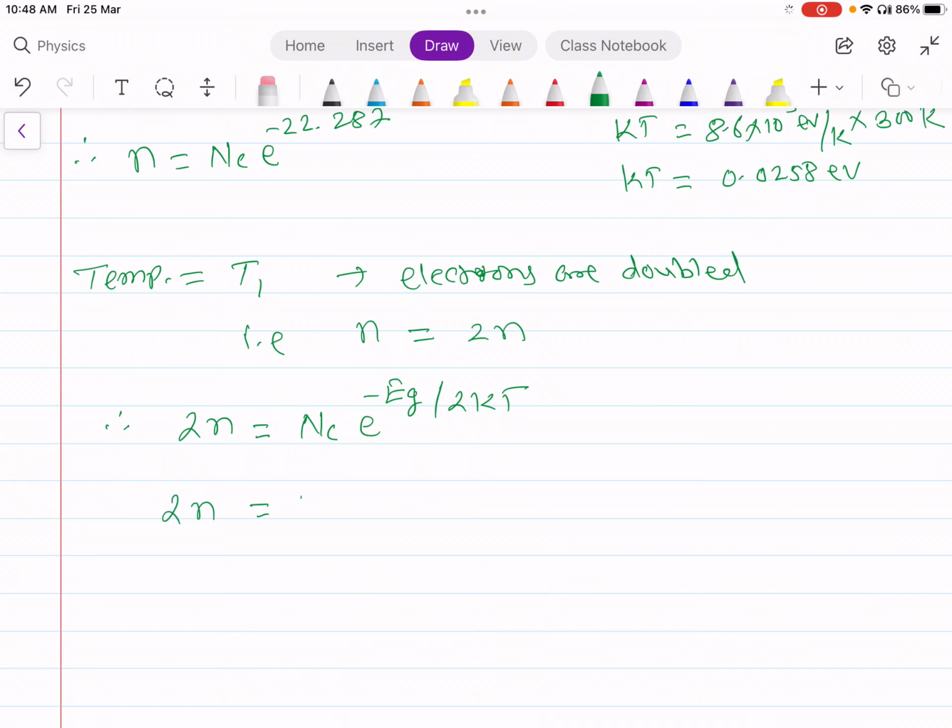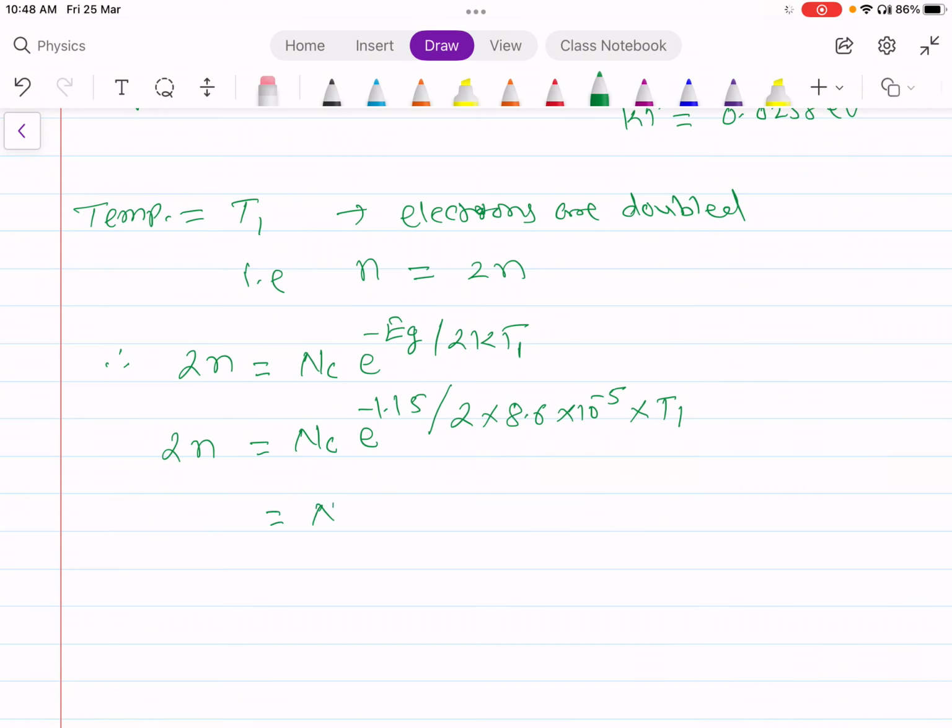So 2N is equal to Nc e raised to minus of 1.15 divided by, here is the temperature T1 now, 2 into K, that is 8.6 into 10 raised to minus 5 into T1.